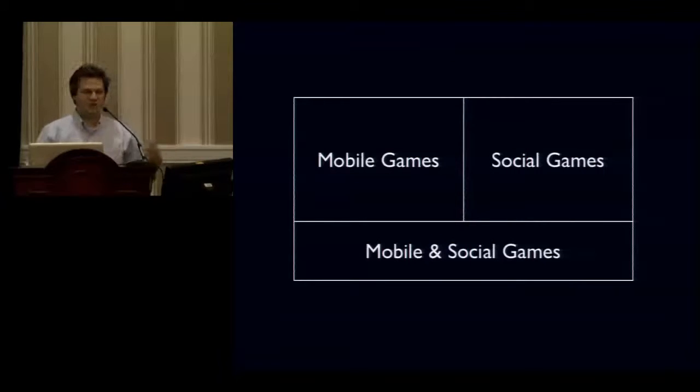Just to be specific, mobile games are games on mobile platforms. Social games would be games that are played on social networks, be they Facebook, Twitter, Tagged, and others. These are games that by design are built upon social graphs or enable special features because the social graph is available to the game and the designer.